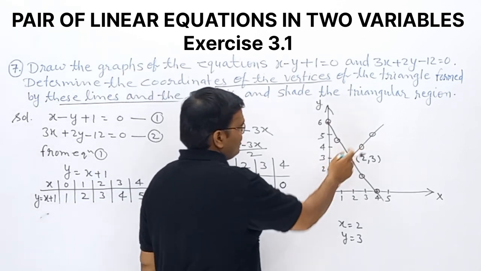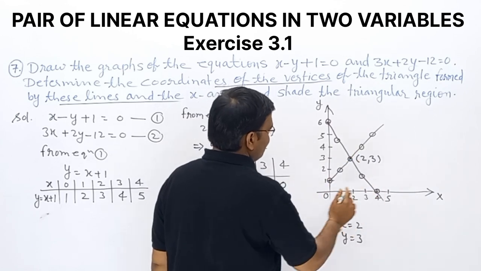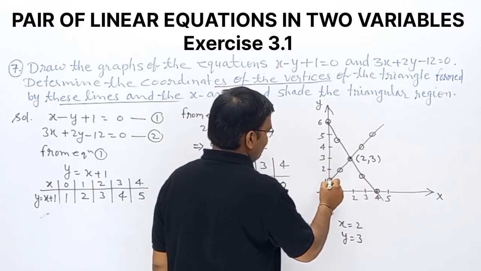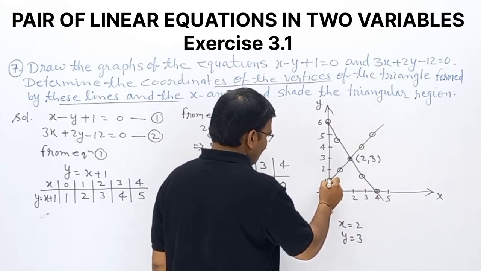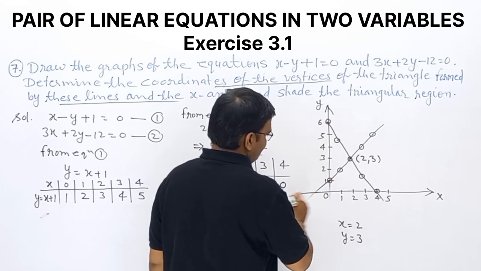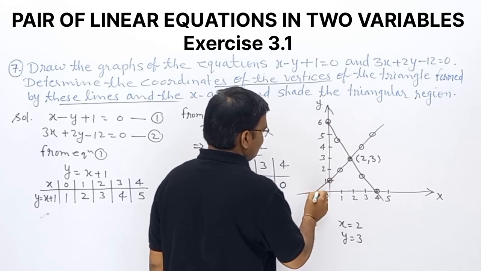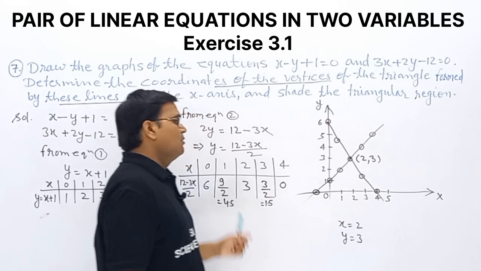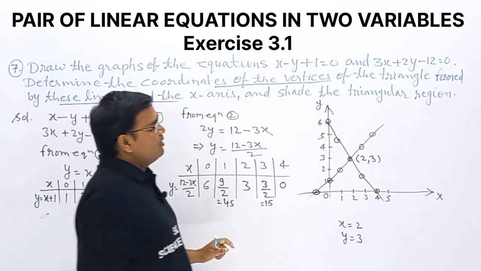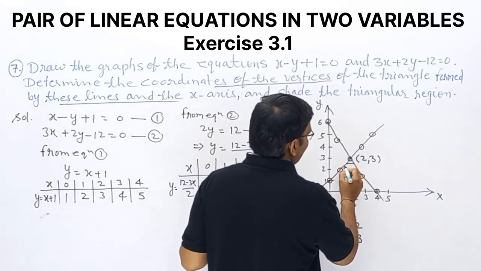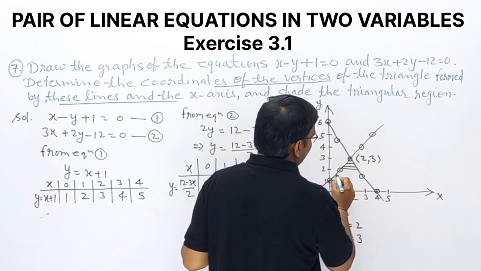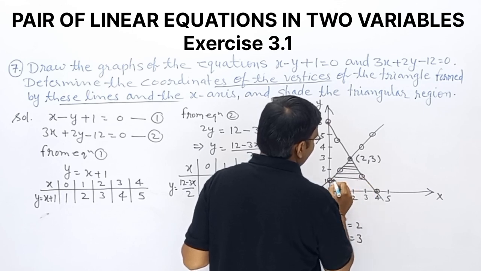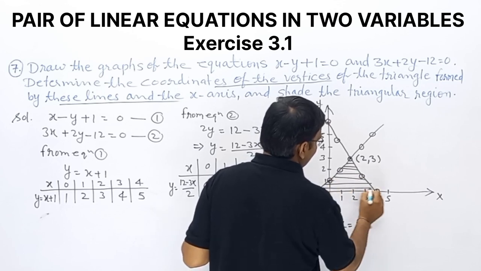So these lines and the x-axis are making what? Once we extend this line, we get a point like this, and we are getting this triangle.